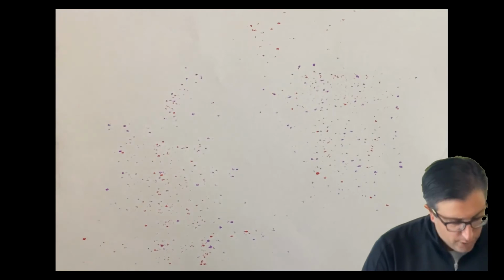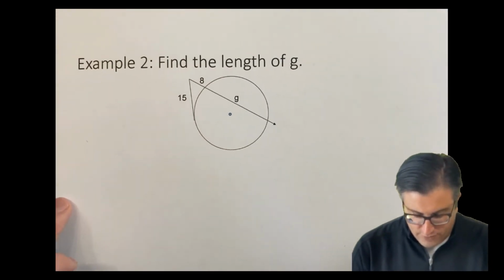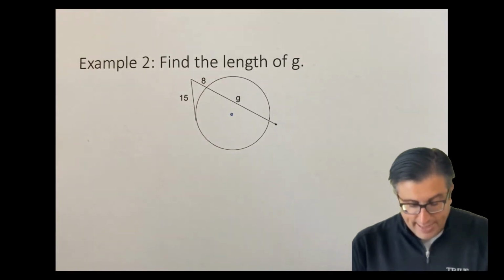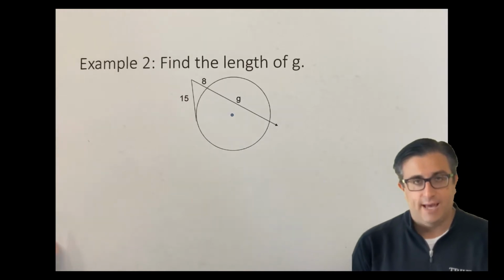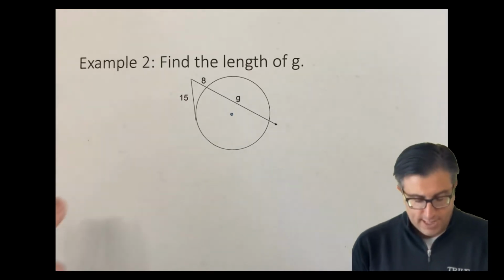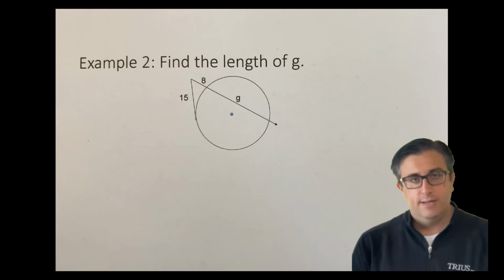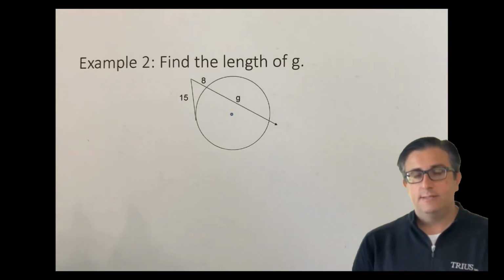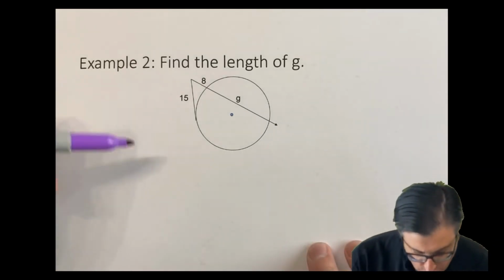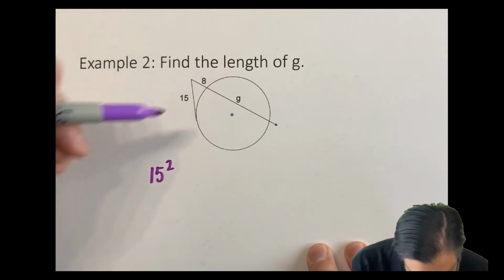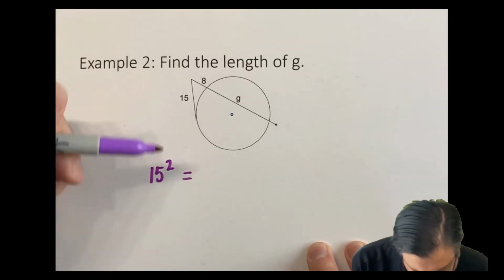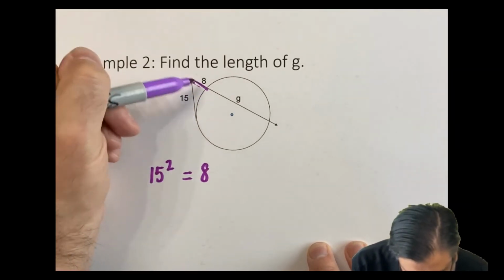All right. Problem 2. We have 15 as a tangent, 8 and G as parts of a secant. So the third theorem says that tangent squared equals the outside times the entire length. So 15 squared is the tangent equals outside 8.